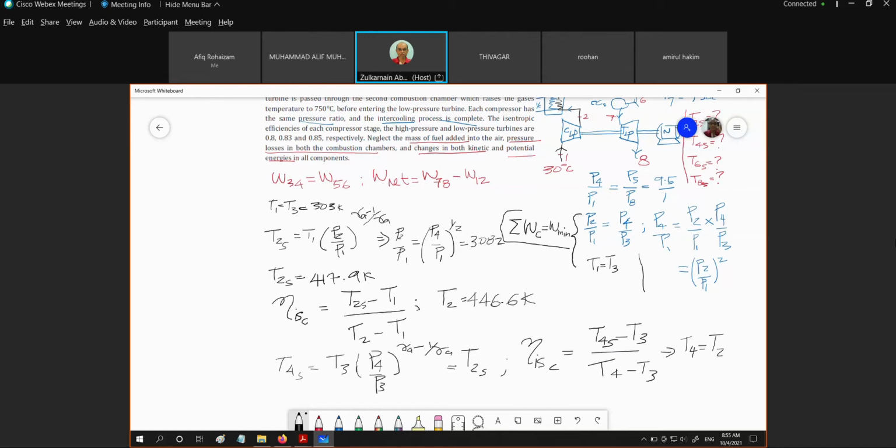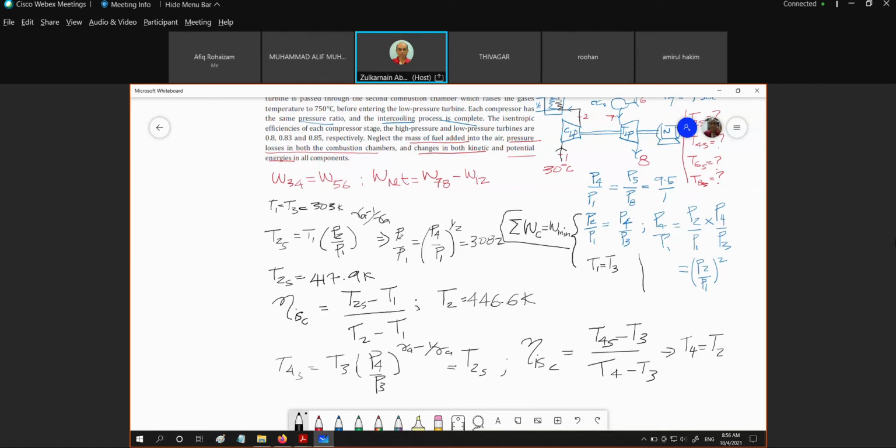That is what I mentioned before: complete intercooling, same pressure ratio, same isentropic efficiency. What you will end up with is T4 equal to T2, T4S equal to T2S, and because of complete intercooling, T3 equal to T1. So automatically, for this case, we have the temperatures of 4S and also 4.